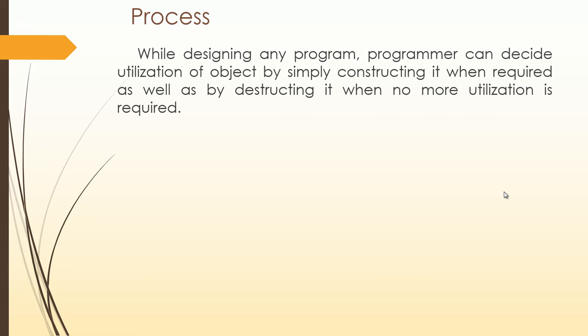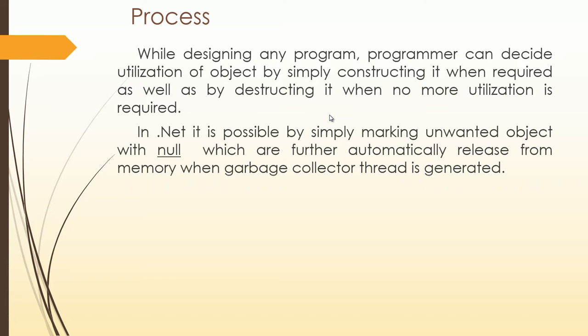Let us see how the process will happen. While designing any program, we have constructed a number of objects. But after utilization, if we want to destruct these objects, then in .NET you can simply make the unwanted object equal to null.